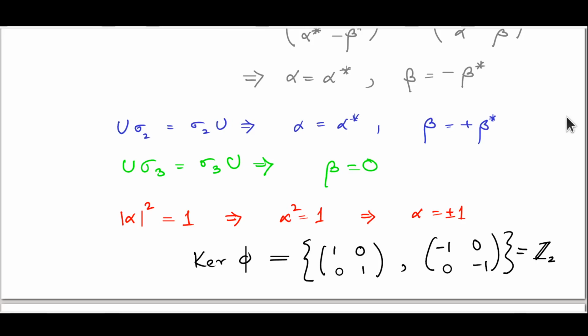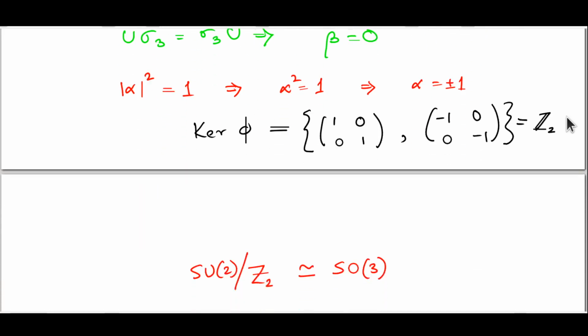So, according to our isomorphism theorem, SU2 is not isomorphic to SO3 because the kernel is not the trivial kernel. But the second isomorphism theorem actually tells you that if you quotient out SU2 with the kernel, that is, find the quotient group SU2 over Z2, that is isomorphic to SO3.